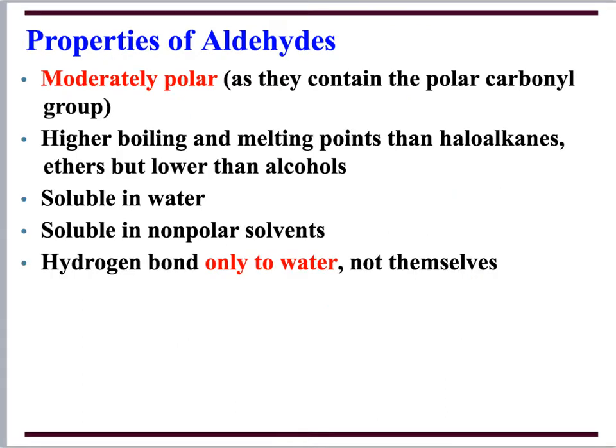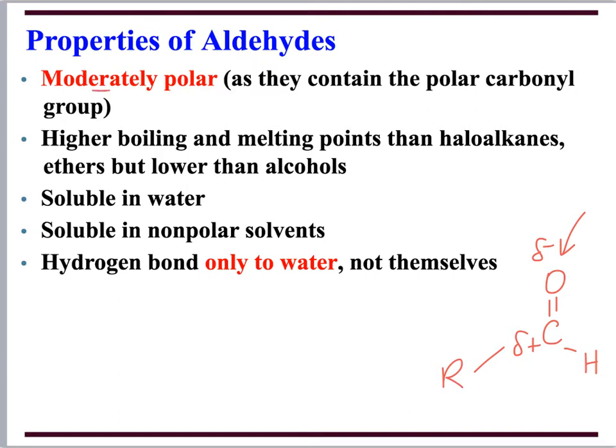Okay, so let's talk about some of the properties of aldehydes. Remembering that that C double bond O is creating that negative charge because oxygen is more electronegative than carbon, and that positive charge on the chain. Because it's actually at the end of the molecule, it gives us a more polar end than if it was in the middle of the chain.